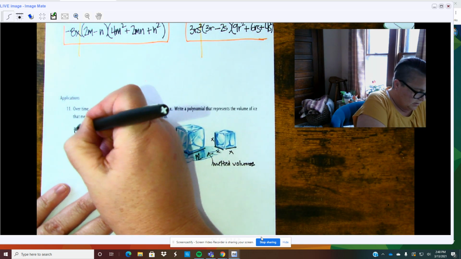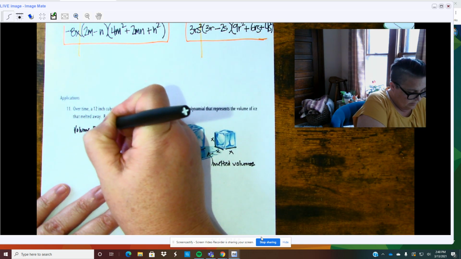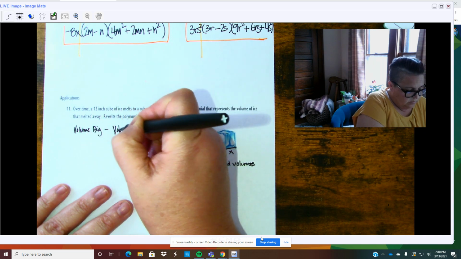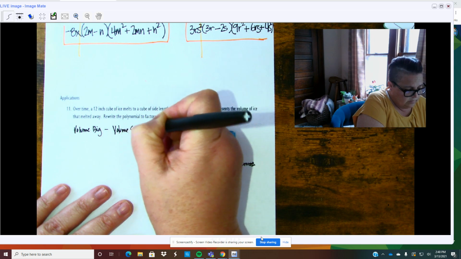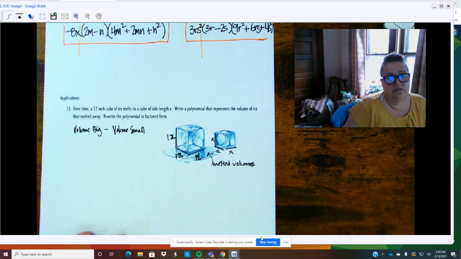So it is going to be the volume of the big cube minus the volume of the small cube. So that would be the missing volume, right?